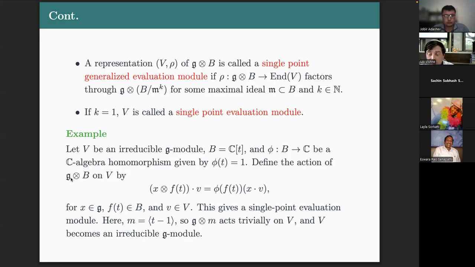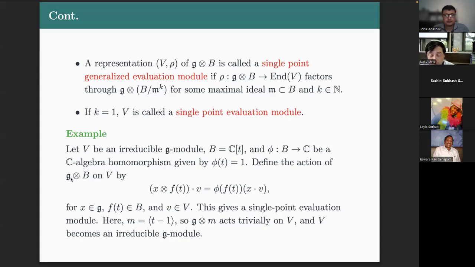So you would see that your M is t minus 1, and G tensor M acts trivially. This is an example of a single point evaluation module. When your module factors through a power of some maximal ideal, it is called a single point generalized evaluation module.